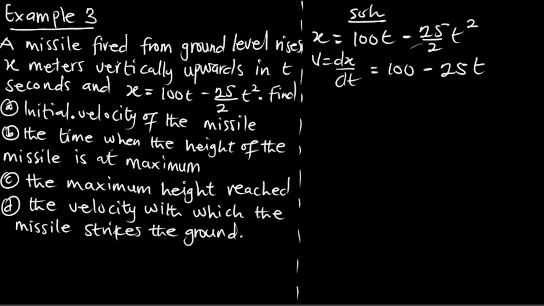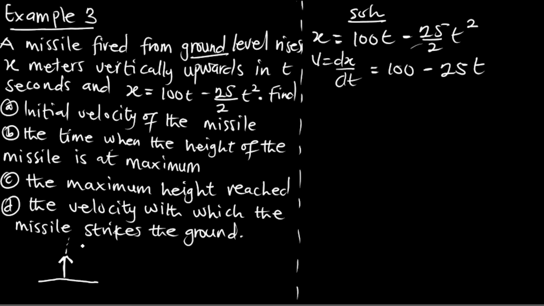And the first question is asking us, find the initial velocity of the missile. How do we get the initial velocity? Now, a missile is fired from ground level. So let's assume this is the ground level and there's a missile being fired up, going vertically up.